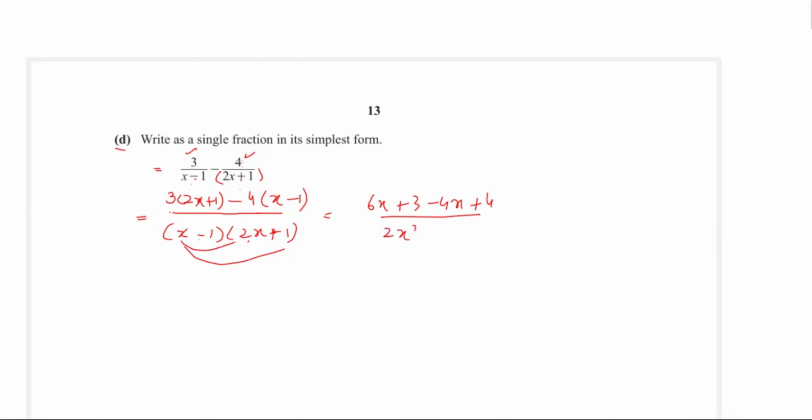We get 2x squared plus x. And same here, minus 1 multiplied by 2x and minus 1 multiplied by 1, that's equal to minus 2x minus 1. And this equals 6x minus 4x is 2x, 3 plus 4 is 7, and 2x squared plus x minus 2x is minus x minus 1. And this is the answer.